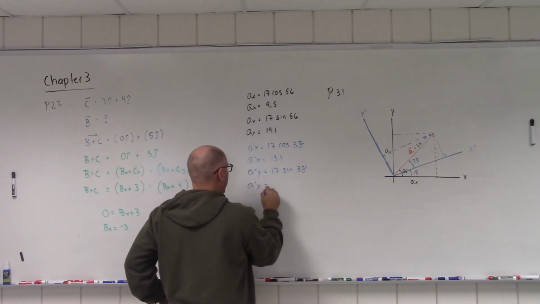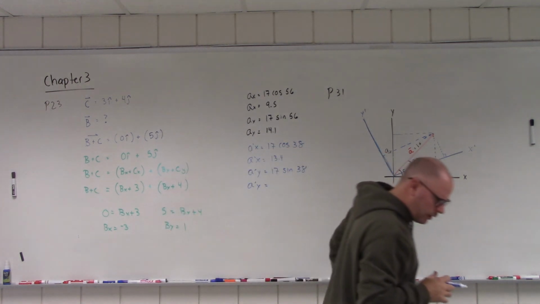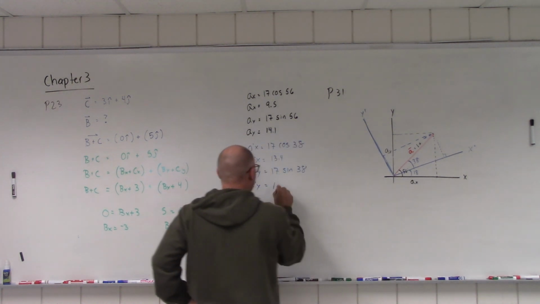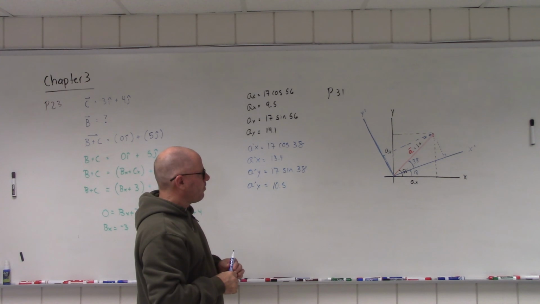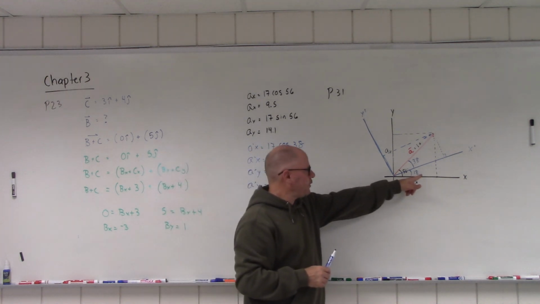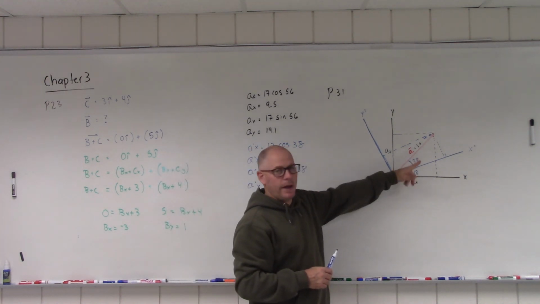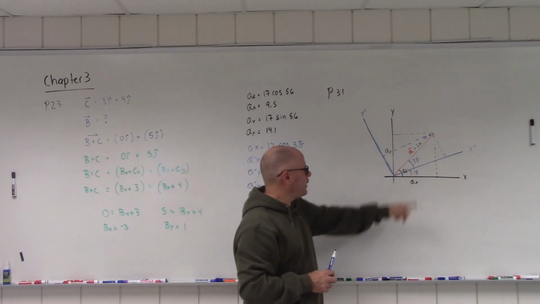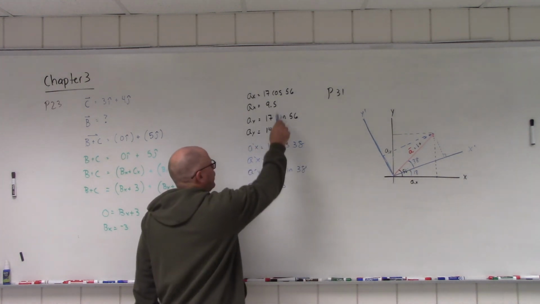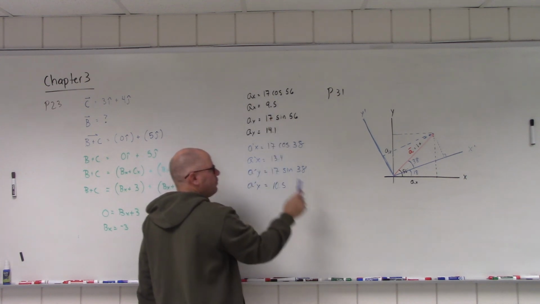So a prime y is equal to 10.5. So the hard part of this was realizing you shifted it 18 degrees, so that left you a new angle to work with.